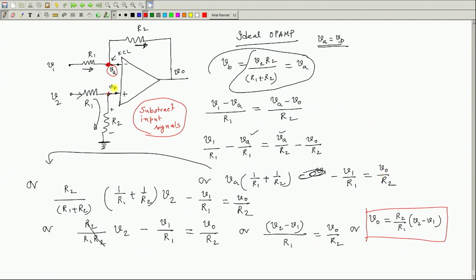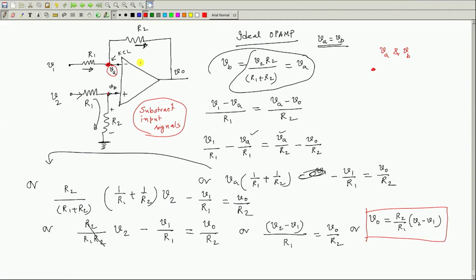Then what is VB? The current here has to be 0. If that is 0, then in this circuit I can calculate VB in terms of the input signal. So, VA and VB should be expressed in terms of V1 and V2, that is all. That is what we have done.